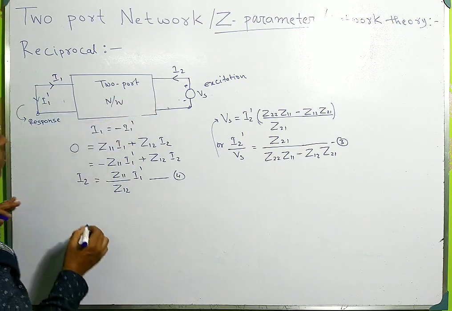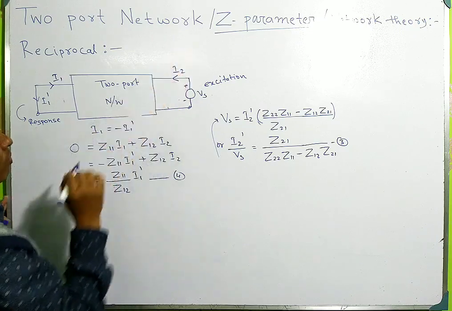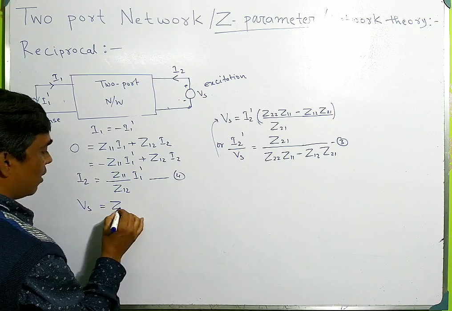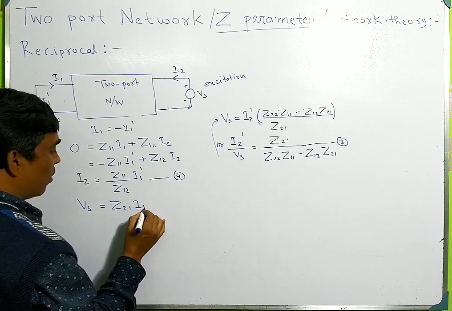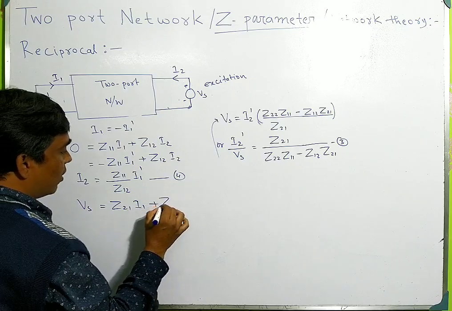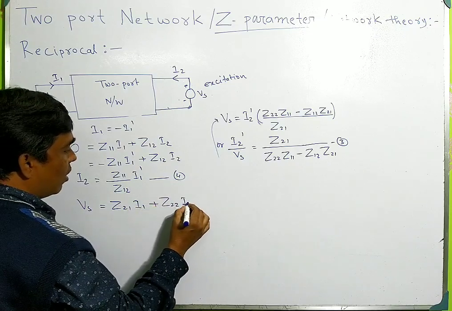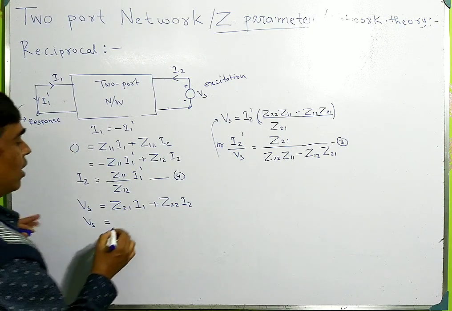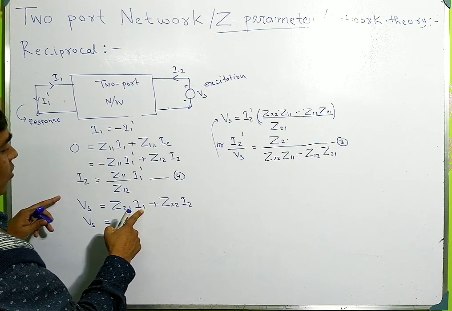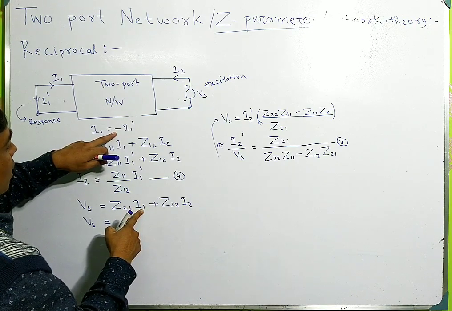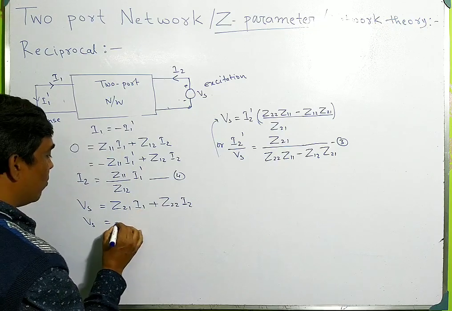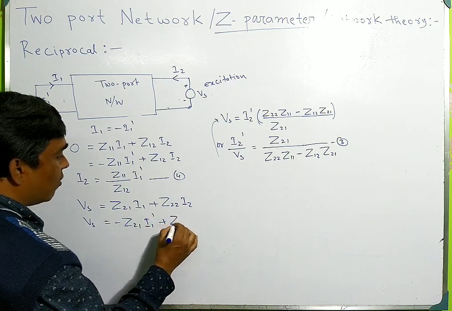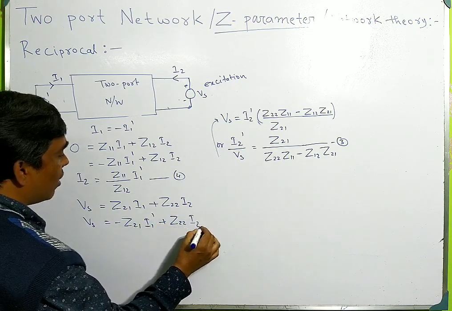Now in this port we can write another equation in terms of Z parameters. So Vs must equal Z21 I1 plus Z22 I2. I1 can be replaced by minus I1 dash, so it will be minus Z21 I1 dash plus Z22 I2.